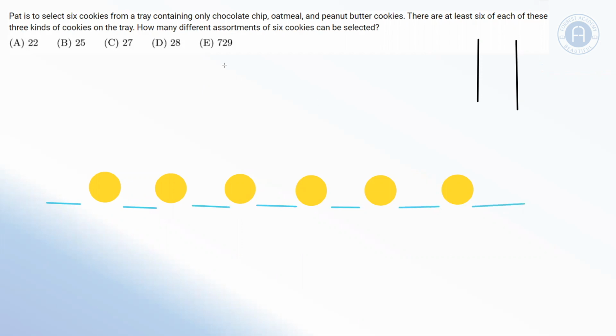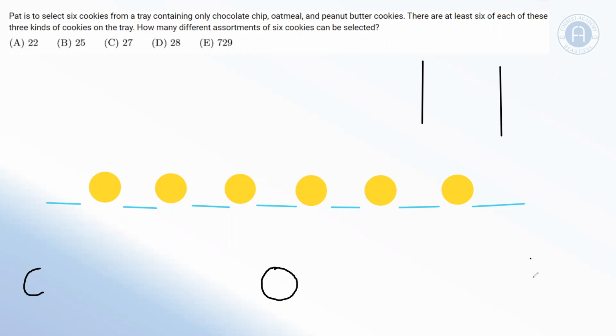We have to have those gaps on either end because it is possible for us to have no peanut butter cookies. So the way we're thinking about this is our group on the far left is going to be our chocolate chip cookies. Our group in the middle is going to be our oatmeal cookies.